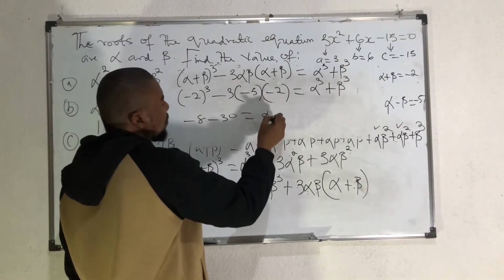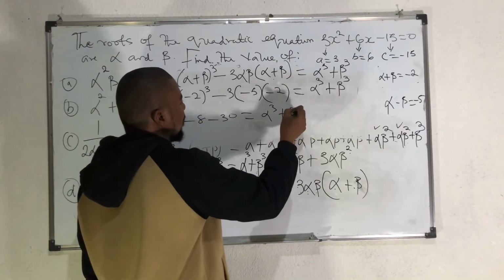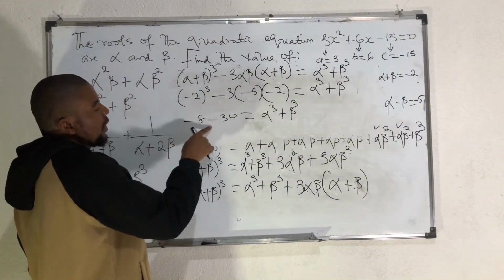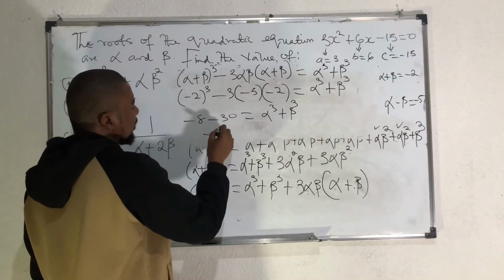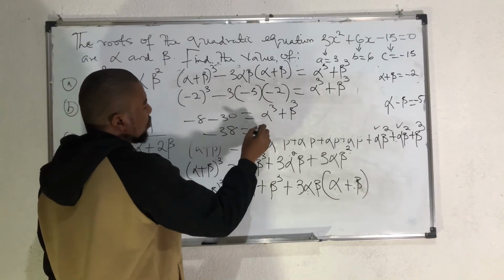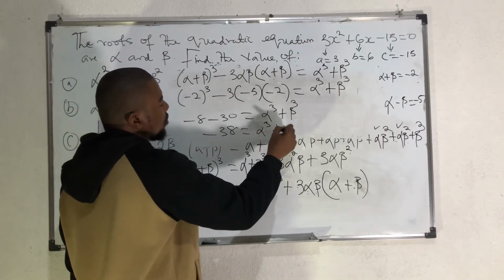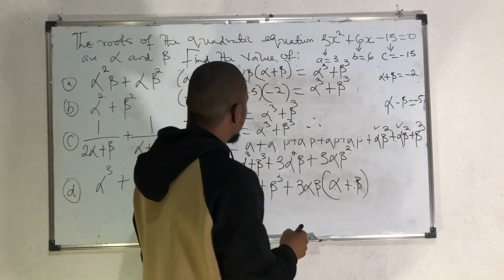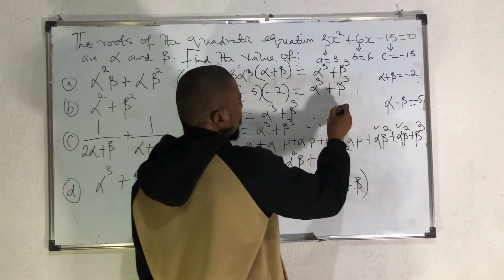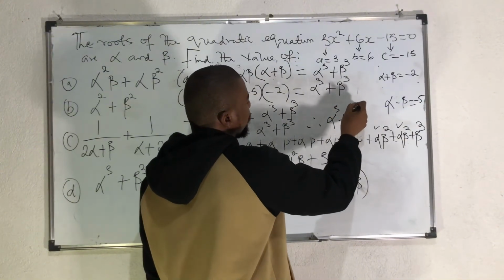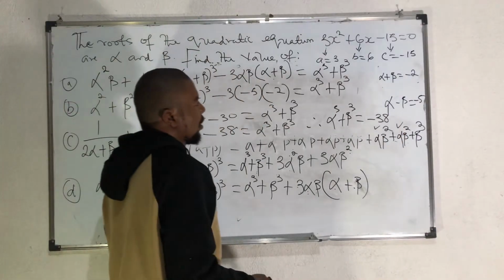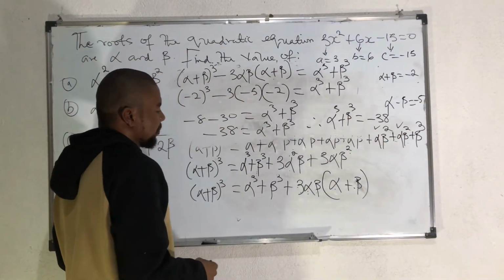This is equal to alpha cubed plus beta cubed. Negative 8, negative 30 will give you negative 38, which is equal to alpha to the power of 3 plus beta to the power of 3. Therefore, alpha to the power of 3 plus beta to the power of 3 is equal to negative 38. And here is our solution.